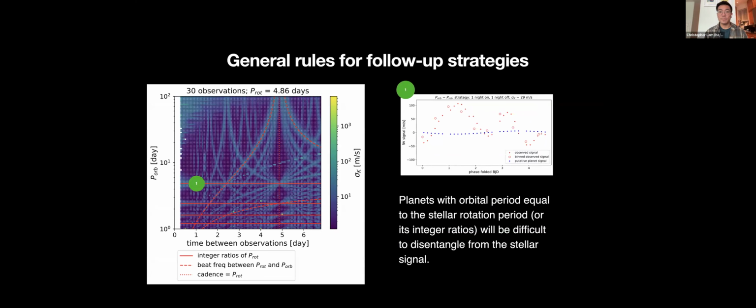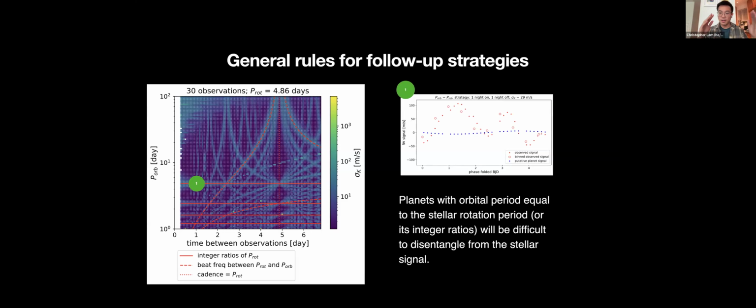And there's nothing you can do about this. This is just, if nature frowns upon you, then those are the cards. These are the horizontal lines on this plot.